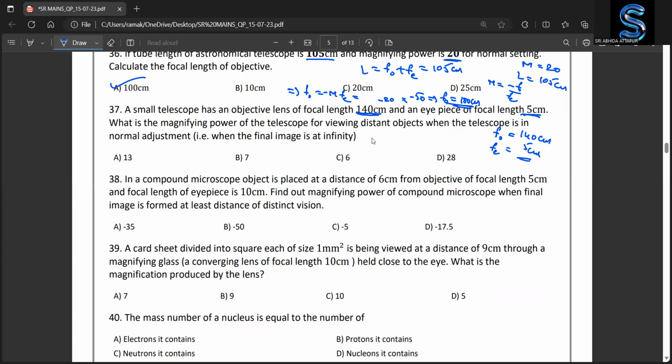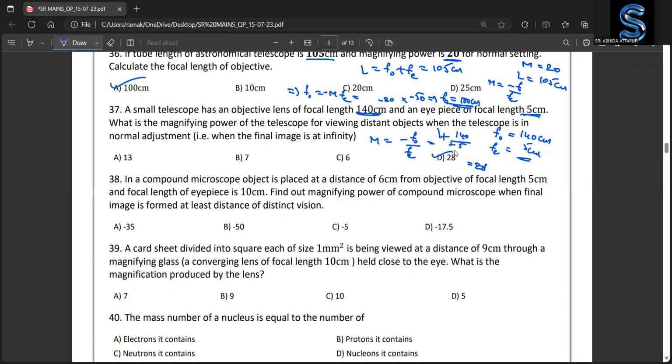Then the magnifying power is given as m equals minus f naught by f e, which gives 28.